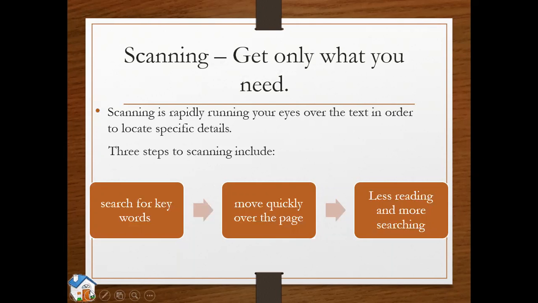What you're going to do is read the questions and then see where the information about the year being asked is present. So what are the steps? Search for keywords, move quickly over the page, with less reading and more searching. You are not reading each and everything.